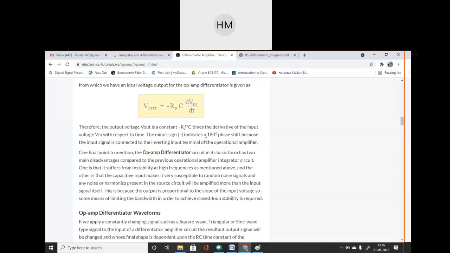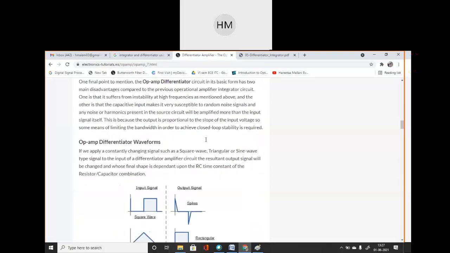So this circuit is used as op-amp differentiator. It is used in its basic two forms, and it is having two main disadvantages compared to the previous operational amplifier. See, integrator and differentiator are related to each other. That we will see in the next circuit diagram, how they are related. So op-amp as a differentiator is clear now.